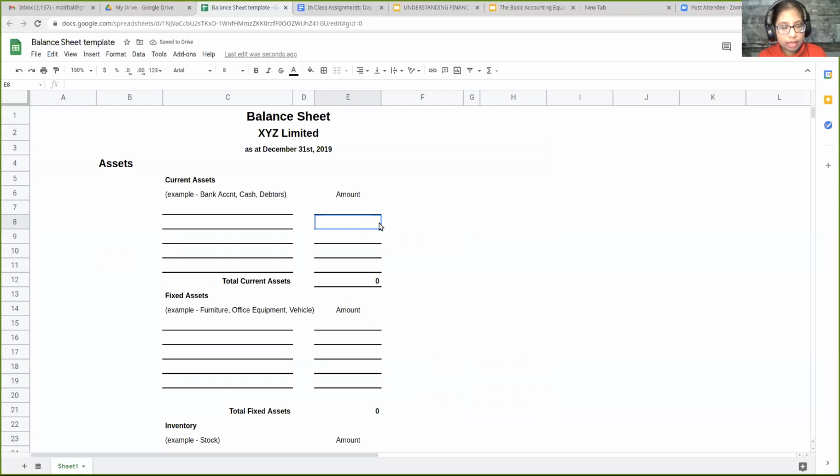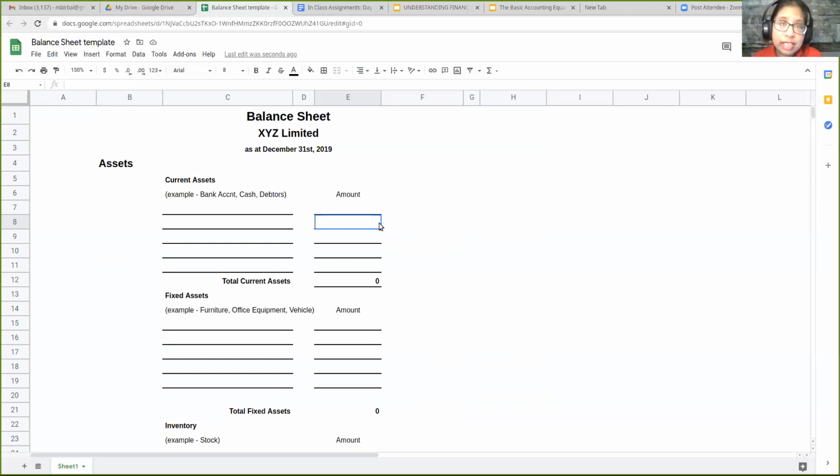All right, so let us look at the balances that they have given us in the question, and our job is to prepare the balance sheet using the balances that they give to us. Okay, so we have cash as the first line item of $55,000.